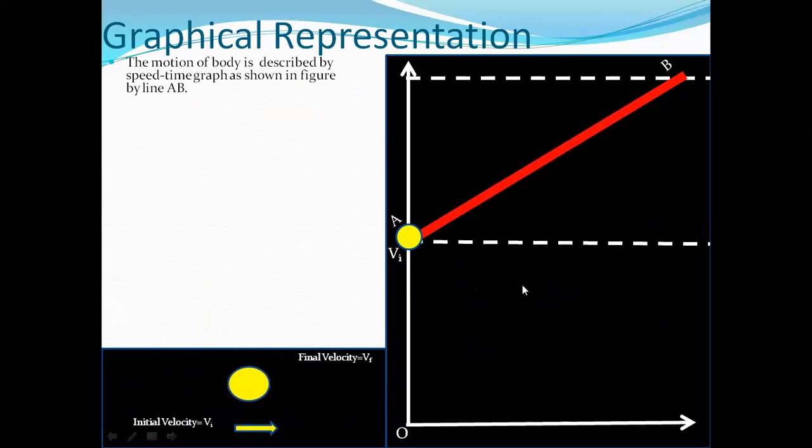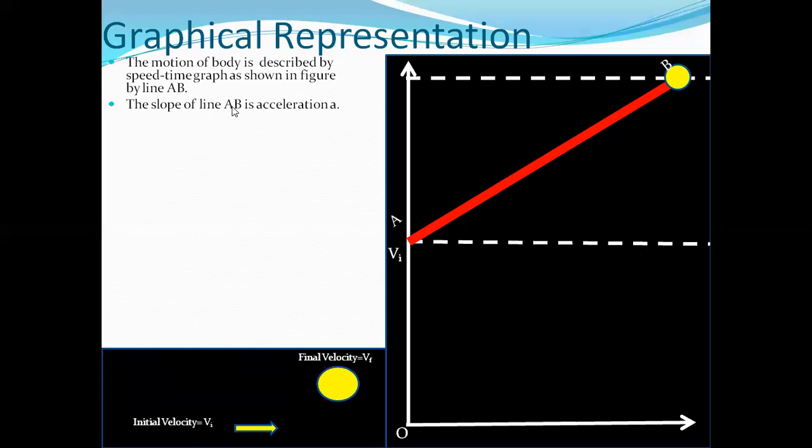So as it was moving from here till here, its velocity increased from initial velocity to final velocity. Now the slope of the line AB is acceleration a. That means this red line, this change in velocity, is known as acceleration.